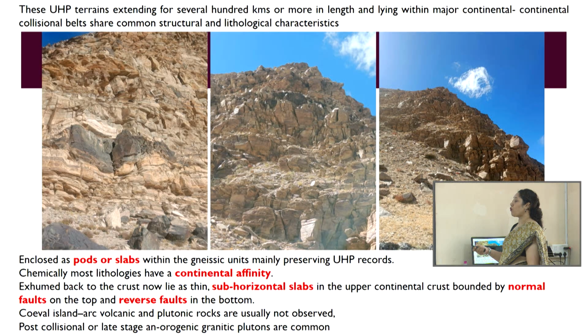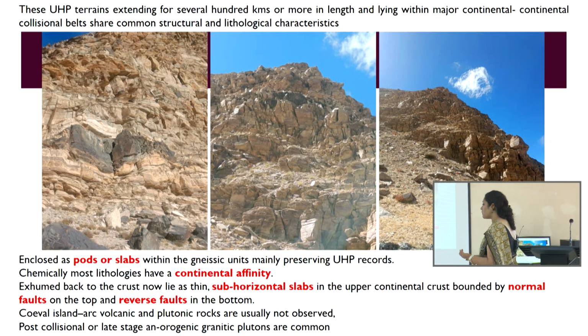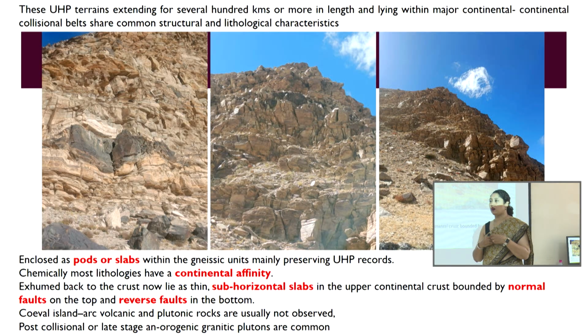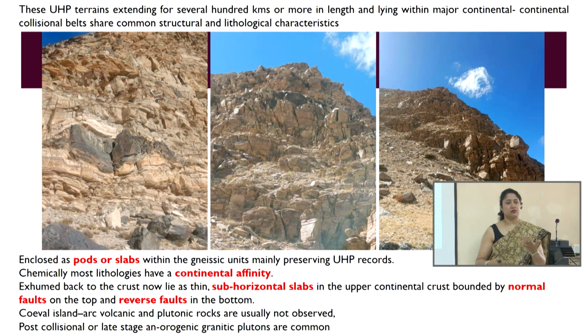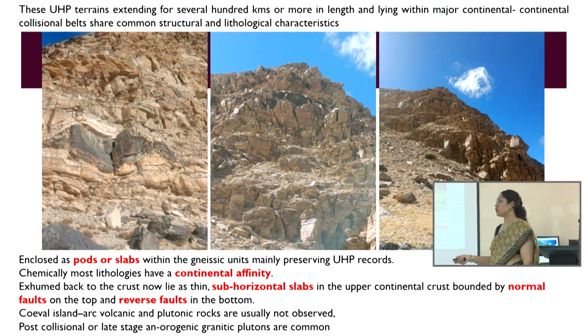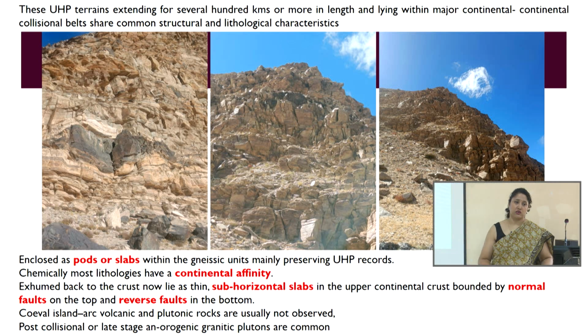Okay. What we also find is that we do not have any island arc, volcanic or plutonic equivalents associated with these terrains. So there is no subsequent magmatism that was happening, it was just an exhumation process. And yes, we do find late stage granitic plutons which are associated very close to these terrains, and in Somorari we have the Ladakh batholith which is very close.